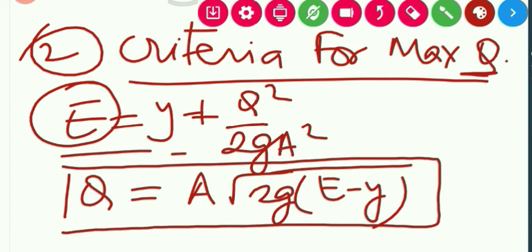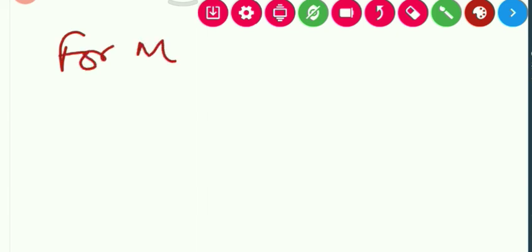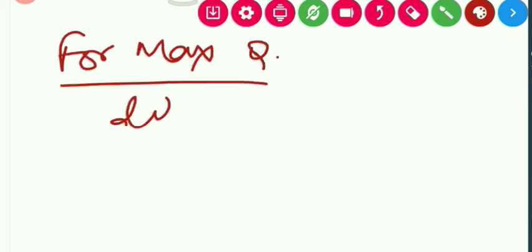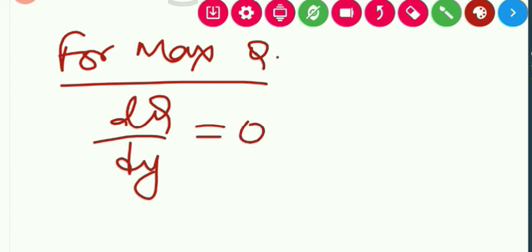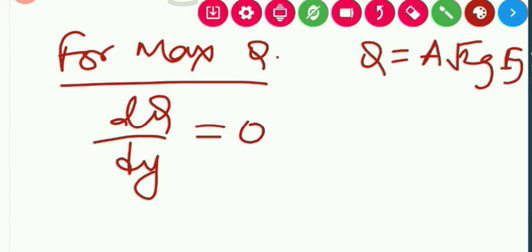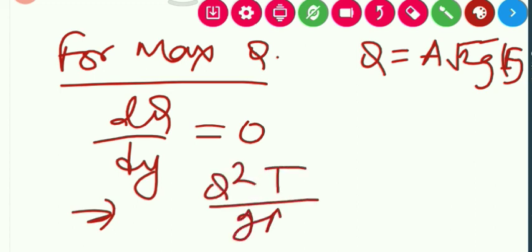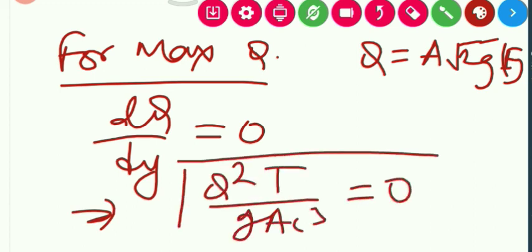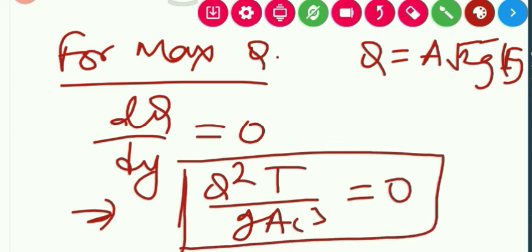Again, if we differentiate this discharge with respect to y, for maximum discharge dQ by dy should be equal to 0. Then differentiating this term A under root 2g E minus y, we will obtain the same condition as Q square T upon g Ac cube equal to 1.